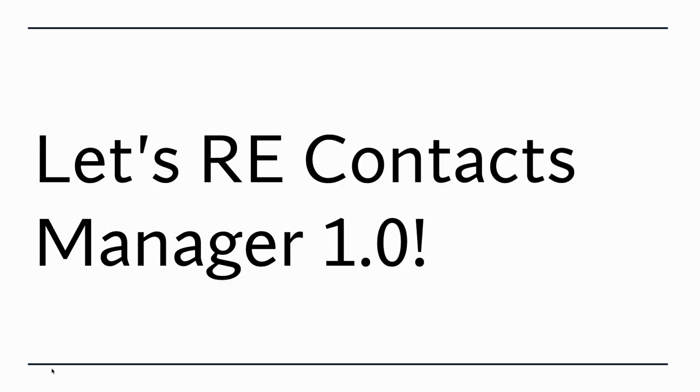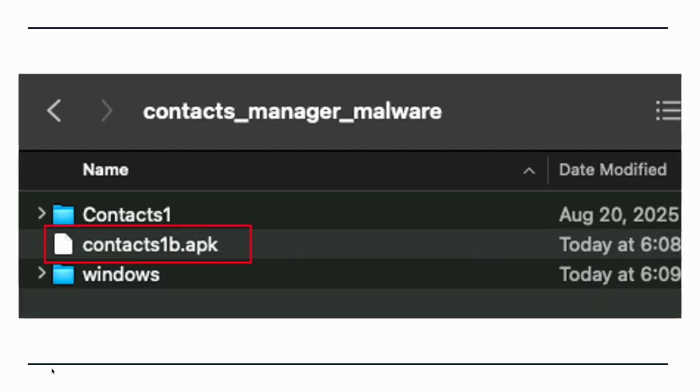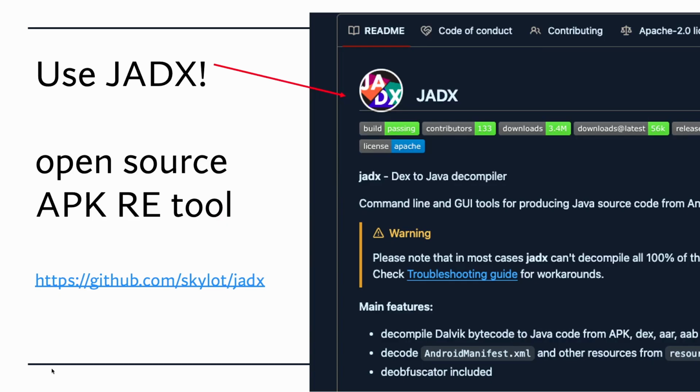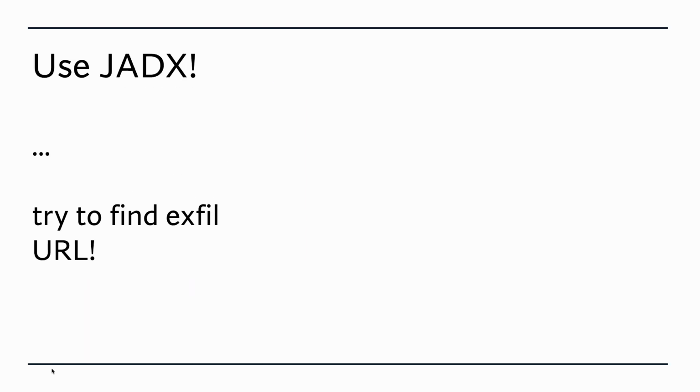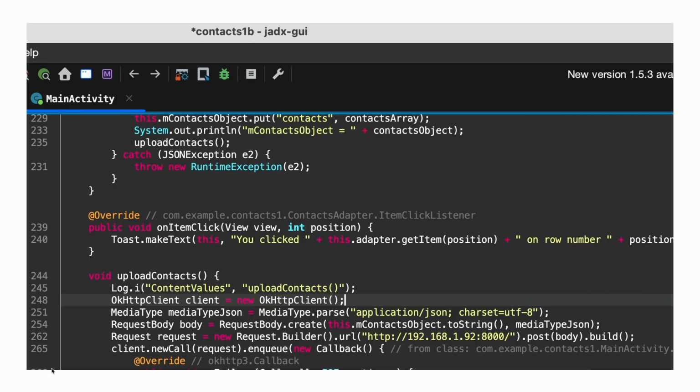All right, so we're going to reverse engineer this malware. This is just version 1. Here's the APK, and there's a very useful tool called Jadx, which is a free Android reverse engineering tool. As I said earlier, we don't want to accidentally spend all of our time trying to reverse engineer something like the emoji library. So we're going to look for big pieces of data, like what is the exfiltration URL?